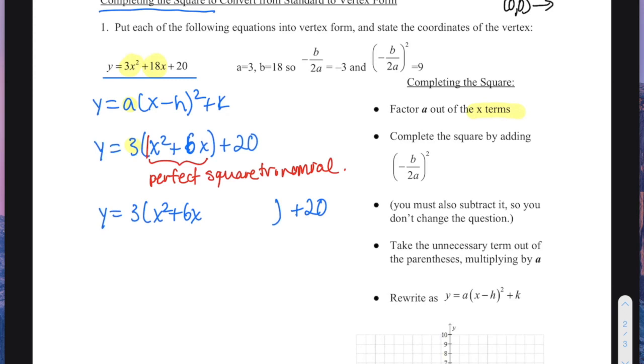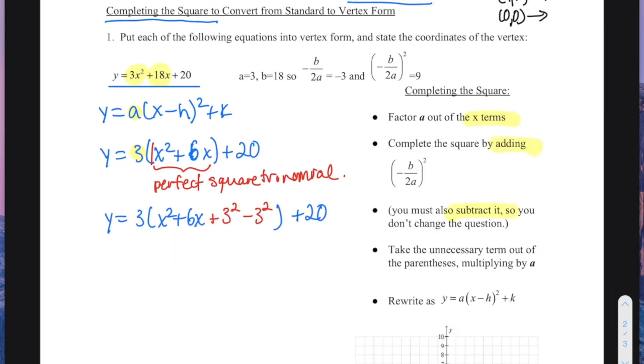So what we did is we took our coefficient of x and divided it by 2, and then we squared the result, right? So what I'm going to do is add 3 squared, but then I need to subtract 3 squared because I know that this thing has to have a sum of 0.